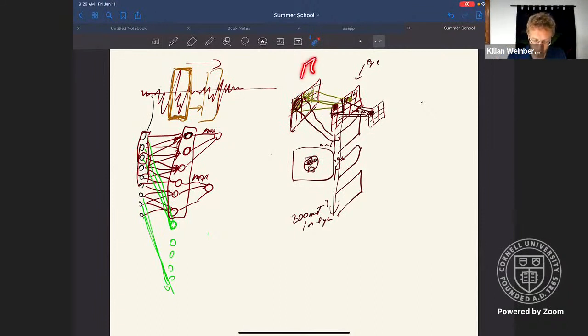You may want to just go with the low resolution image and see if you can classify it. If you're uncertain, then you go to the high resolution, or you mix them. One tells me the overall, more global perspective of the image, and the other one gives me more local details. And I combine those. So yes, there are all sorts of variants of convolutional neural networks that do this.